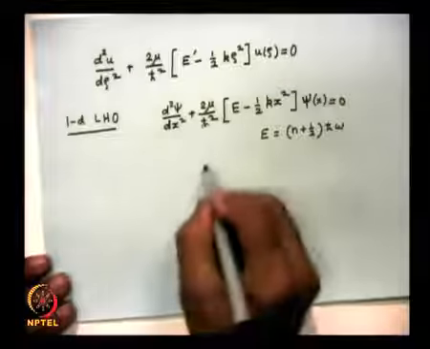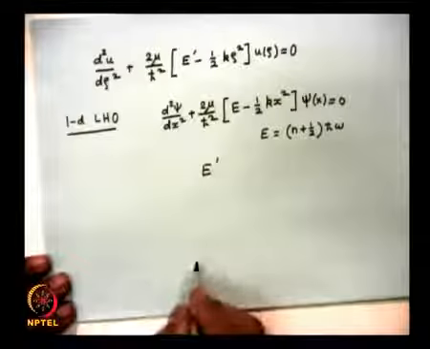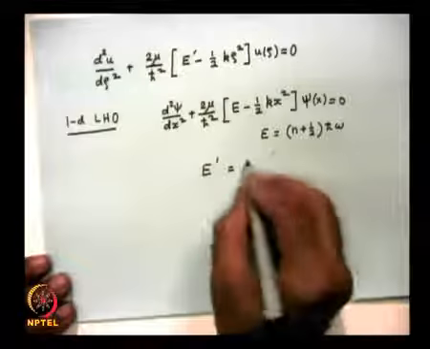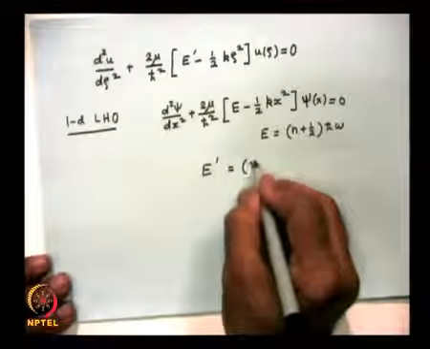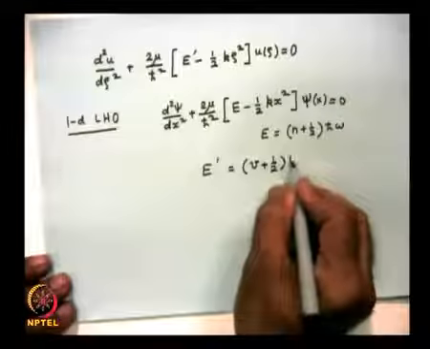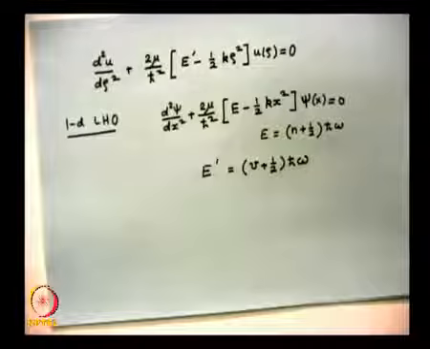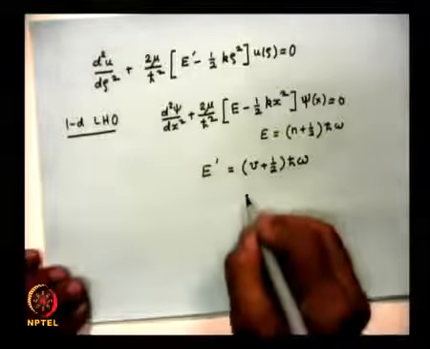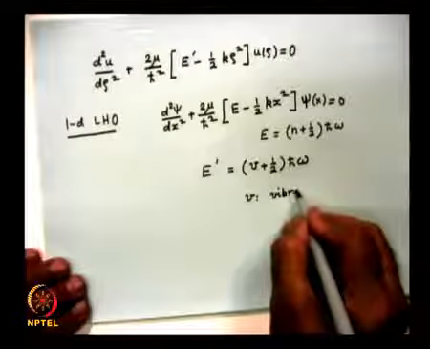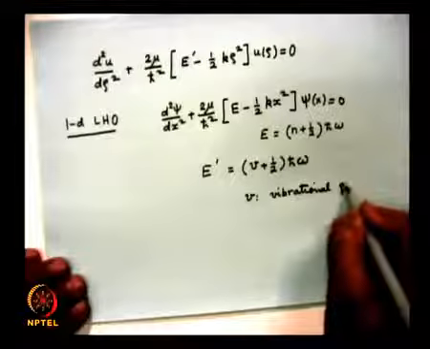Here we will write E prime, where n is equal to 0, 1, 2, 3, etc. Here, instead of n, we will write the vibrational quantum number V: E prime is V plus half h cross omega, where V is known as the vibrational quantum number.